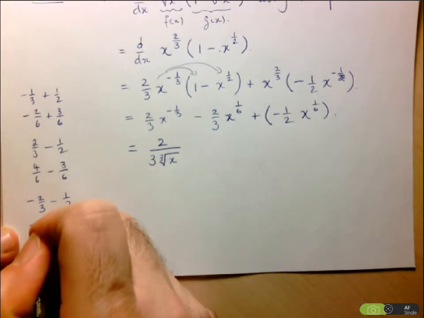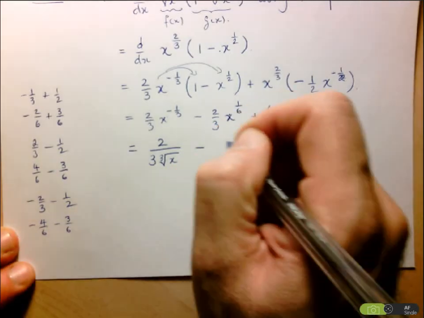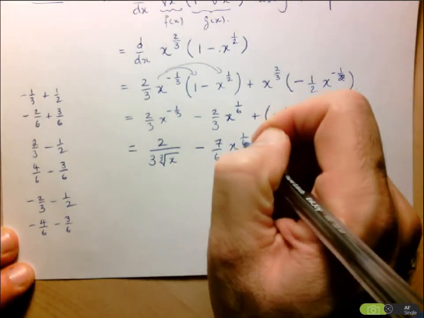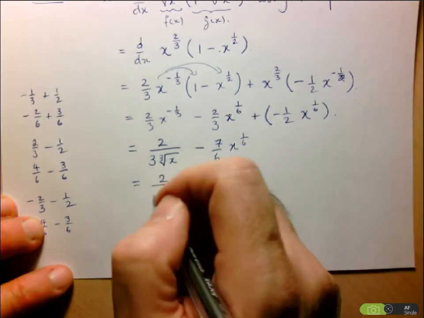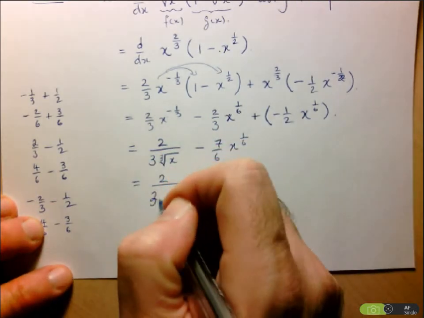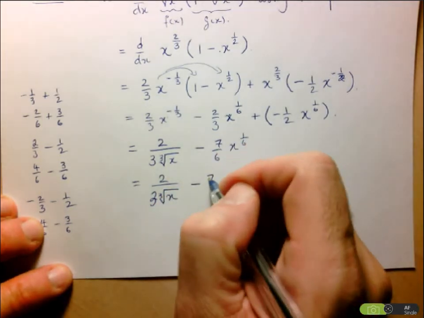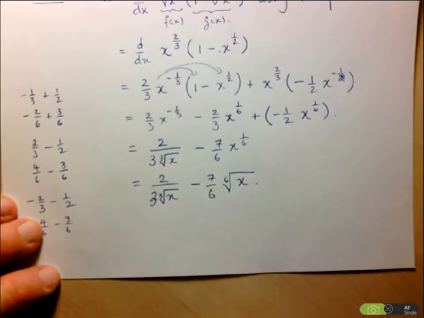So this is negative 4/6 minus 3/6, so negative 7/6. And then here, x to the 1/6. Which of course I can now write as 2/3 cube root of x, minus 7/6 times the 6th root of x.